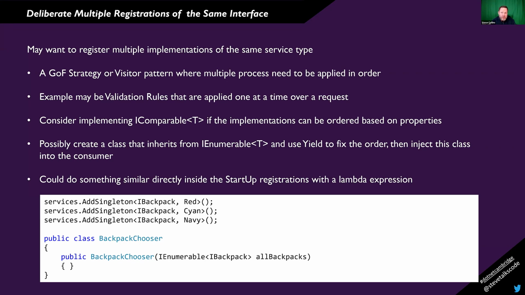That can be used with an OrderBy LINQ call when they're received in the enumerable. You could create a dedicated class that implements the IEnumerable interface, and the caller requests that. But for that to work, you would need to inject an IEnumerable of the service type and then have some kind of logic in there that works out the ordering. Not hard, but a bit clunky. Lastly, you could just do it inside a lambda expression inside the container.